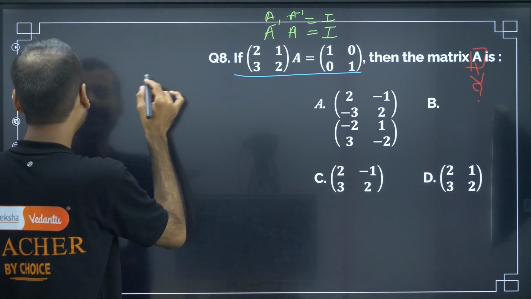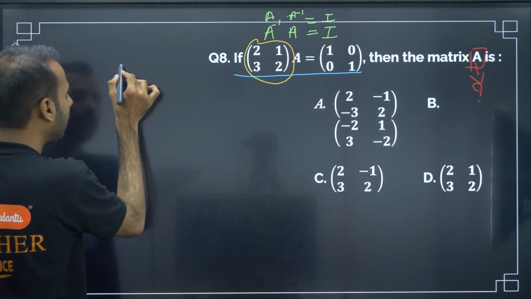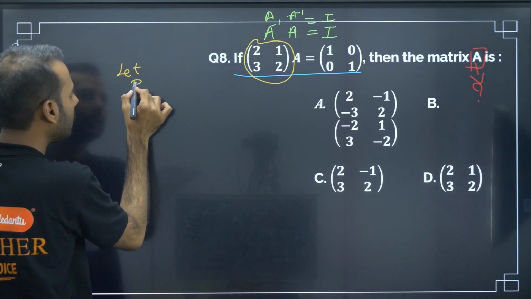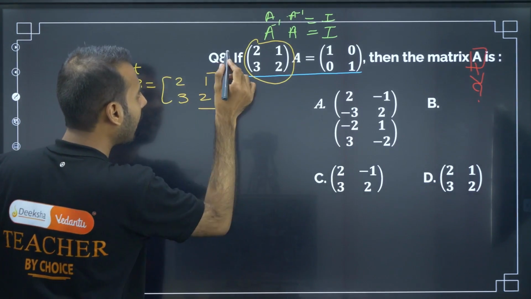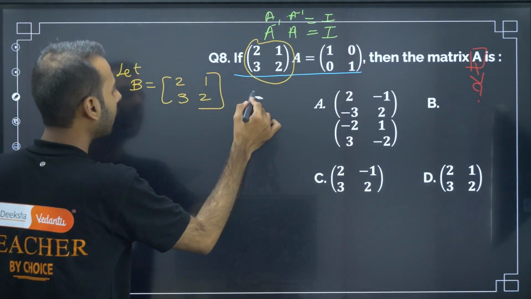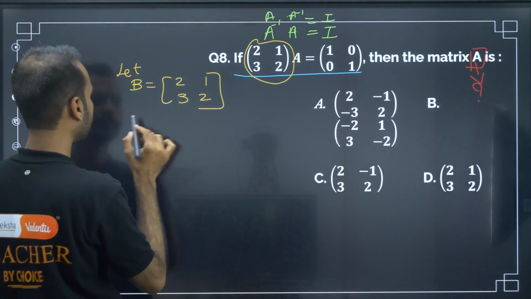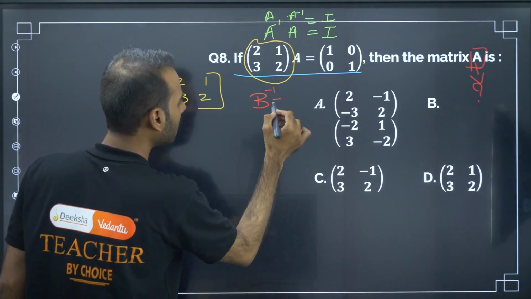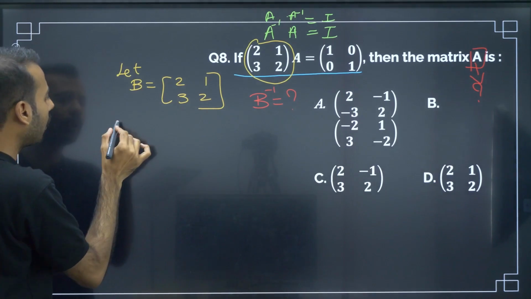So if I name this as B, let B is equal to 2 1, 3 2. They are asking to find B inverse. Now how to find B inverse?